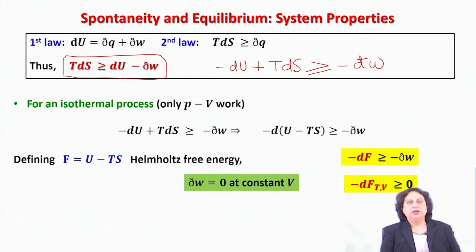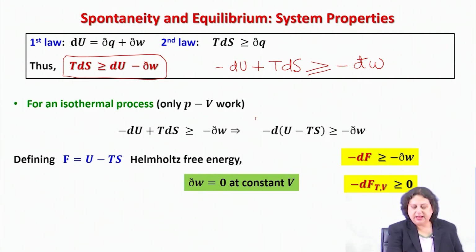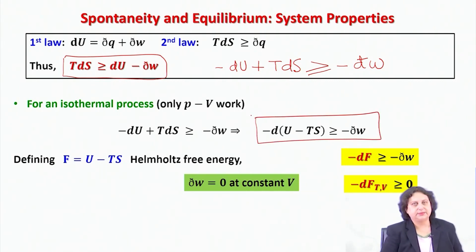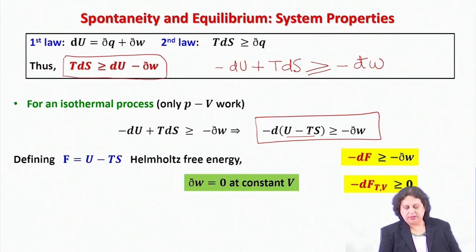And I have shown in my last lecture that for an isothermal process, I can rewrite this expression as this. So I have now a variation of the quantity U minus TS, and a decrease in this quantity must be greater than or equal to the quantity minus dW.